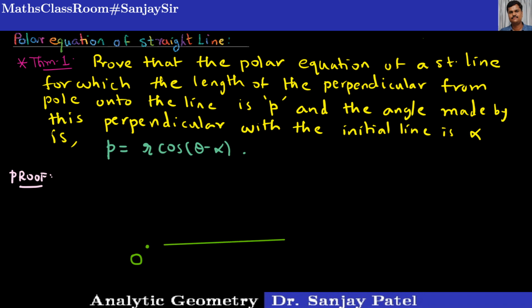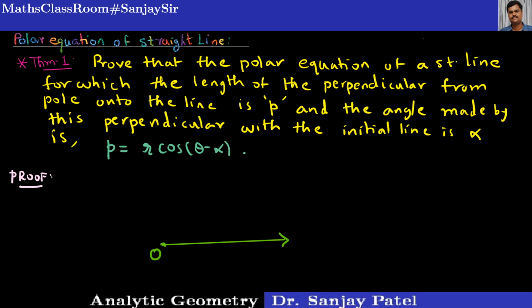Suppose this is the pole. This is the pole, and we consider a line like this.